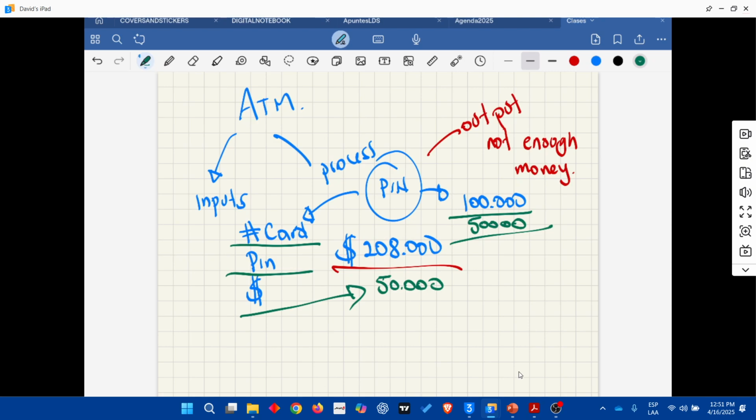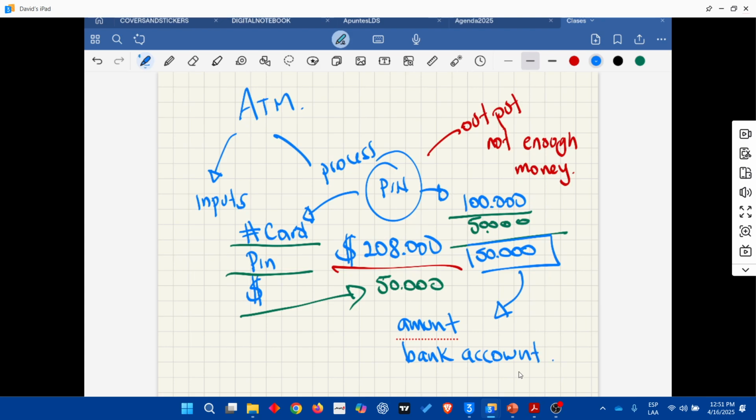Sorry, 50,000. Okay. So that means that your new account balance is going to be 50,000 pesos. So this is your new amount in your bank account.